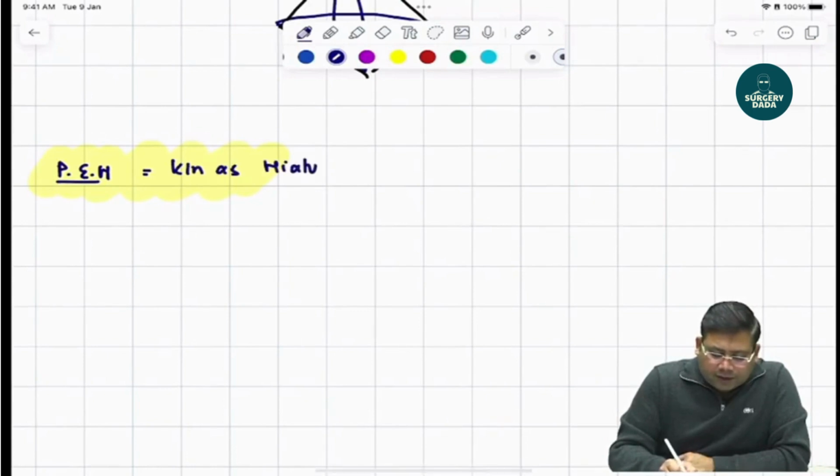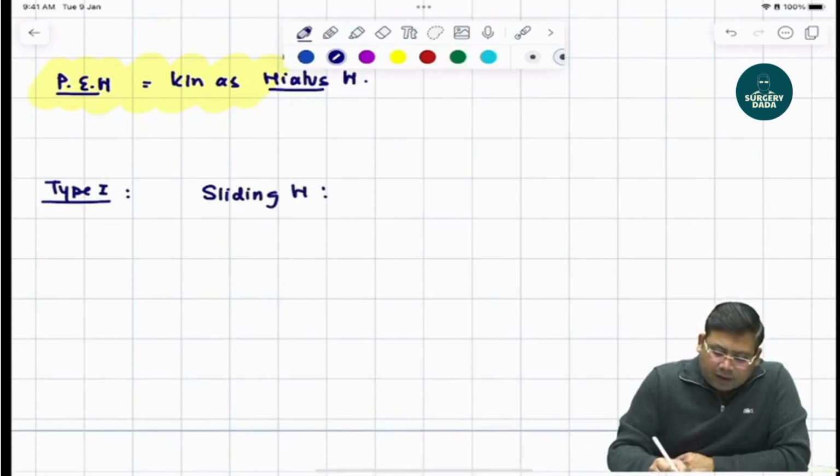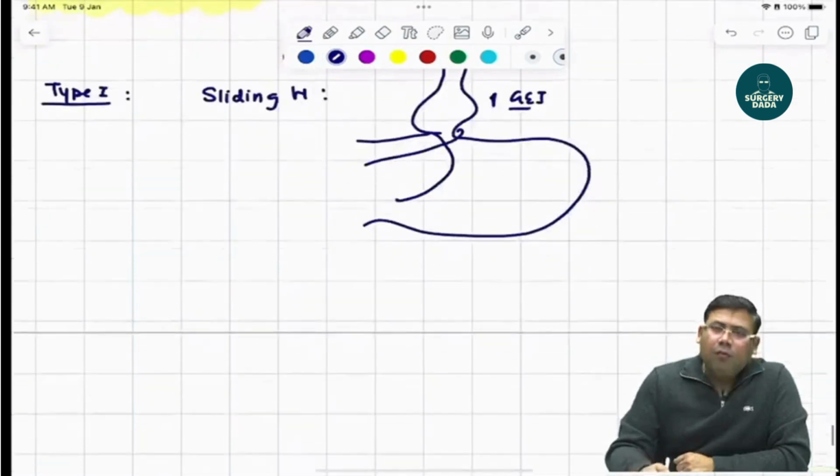Let us quickly discuss the types of hiatus hernia. We have type 1, which is known as sliding hernia. What is a sliding hernia? Where the GE junction goes up into the mediastinum.